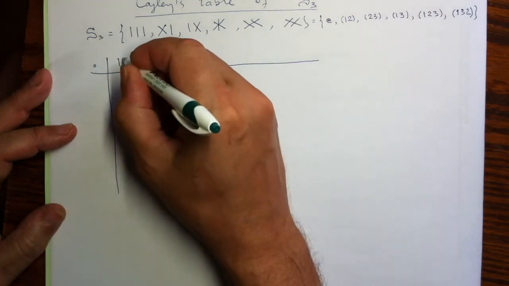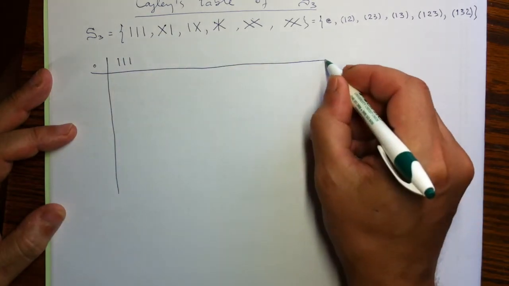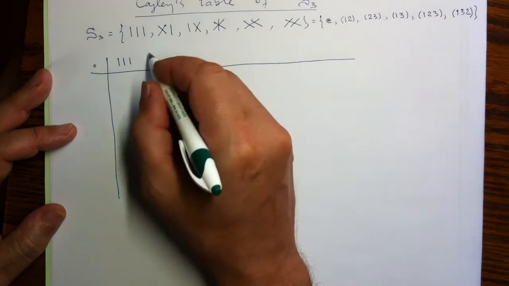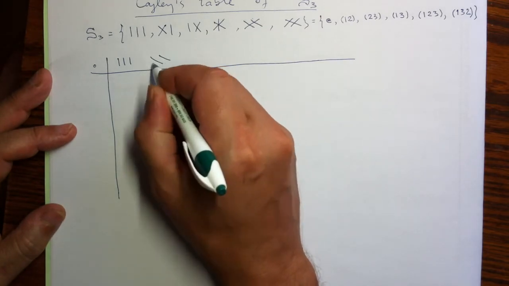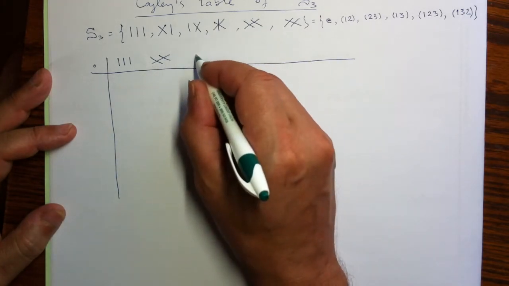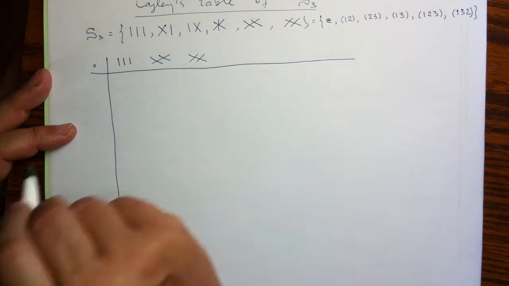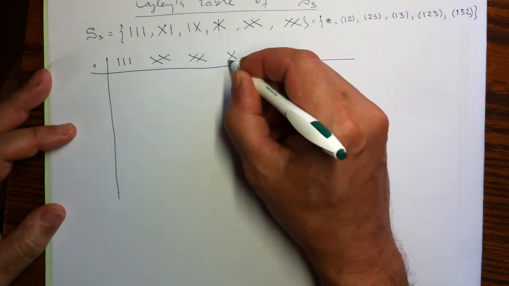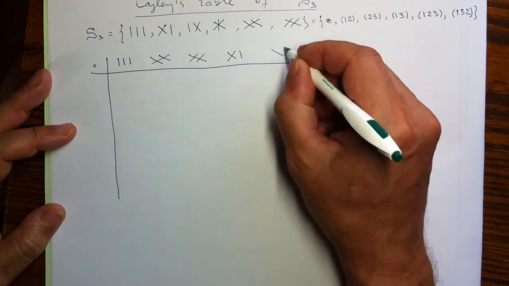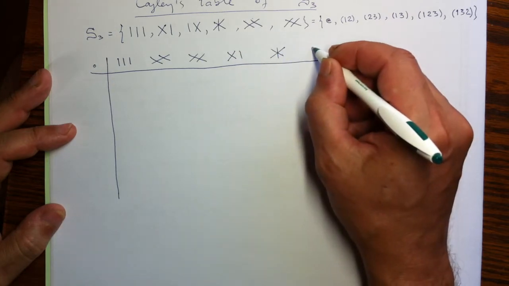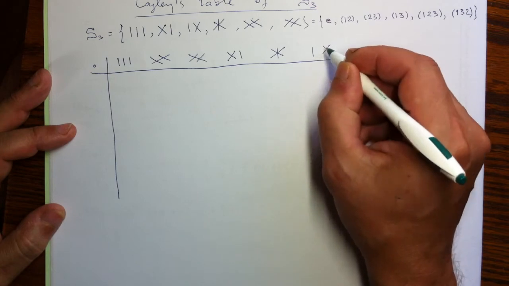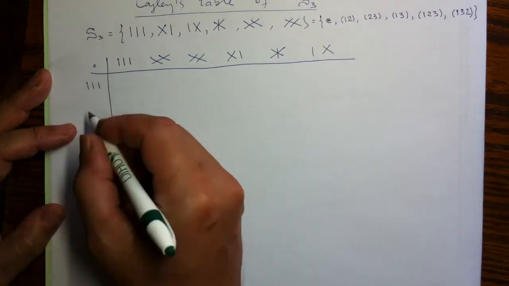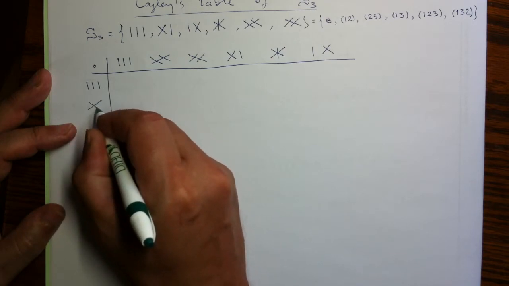I will, of course, start with the identity, make it a bit larger, but then I will just list the 3 cycles, and after that I will list the transpositions. So this is one symbol, of course, and the same order I will use for rows.